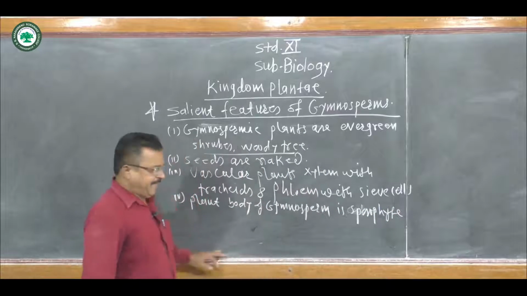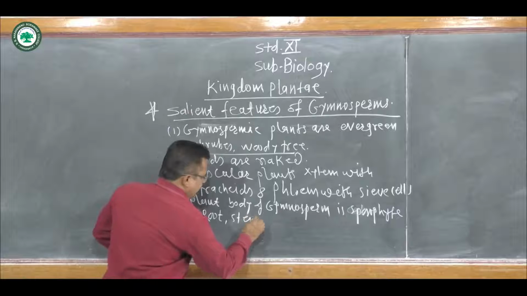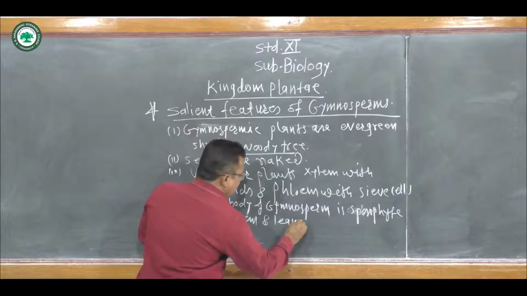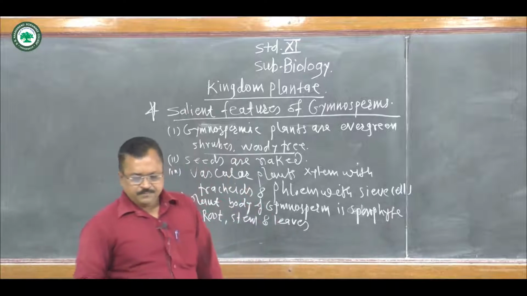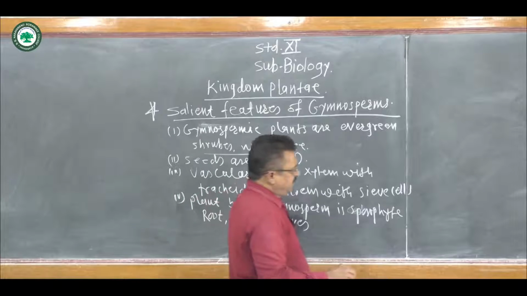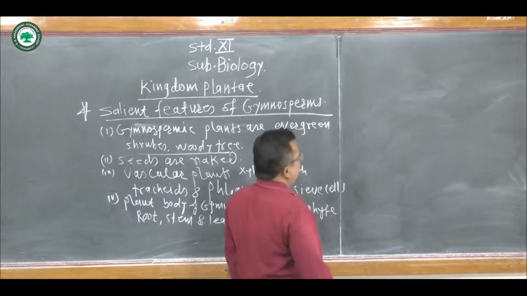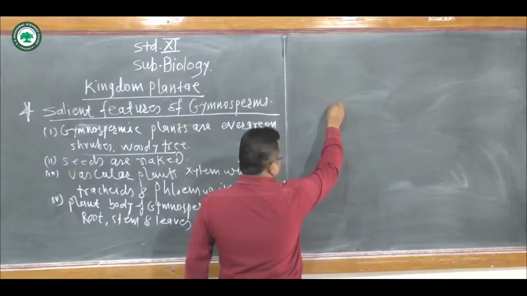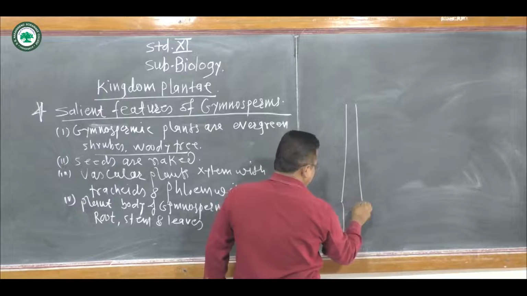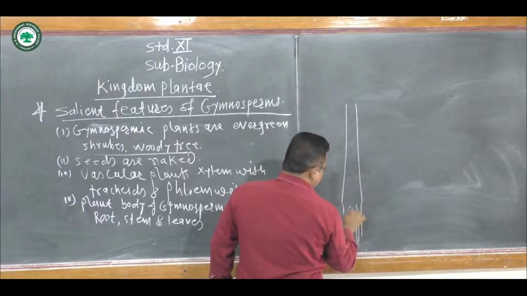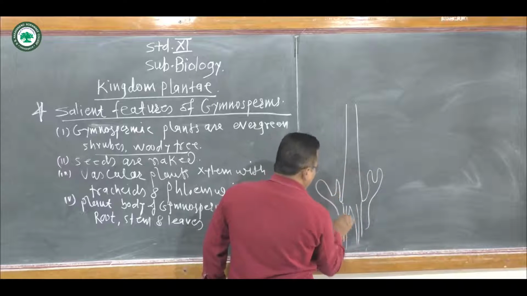It is differentiated into root, stem and leaves. Cycas is one example of a gymnosperm, and it shows a plant like this. The root system is a tap root system, but some roots grow above the soil.